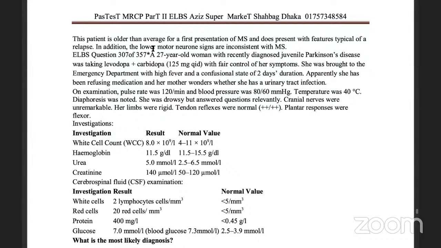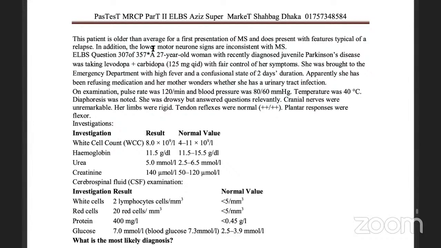On examination, blood pressure 160/60, temperature 40, diaphoresis was noted. She was drowsy and answered questions irrelevantly. Cranial nerves unremarkable, limbs are rigid, thyroid levels are normal.